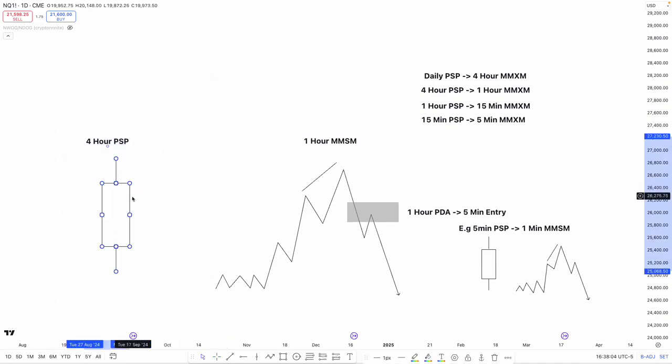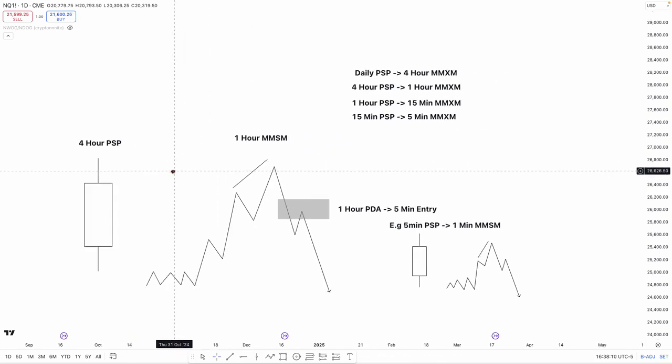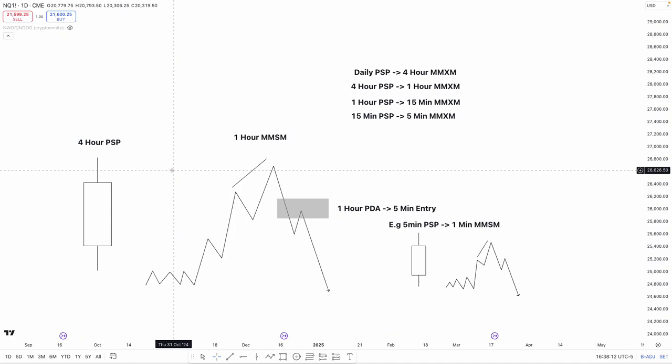Hopefully this made sense, and it's something that if you see fit, you can incorporate into your own trading. But as I said, I really want to emphasize the fact that you should not be trying to use every single thing that you learn in your trading.